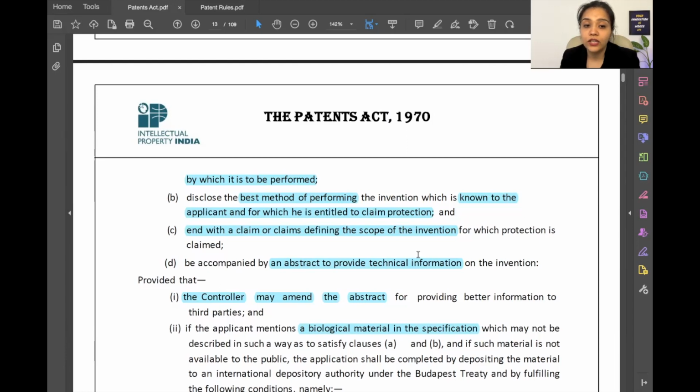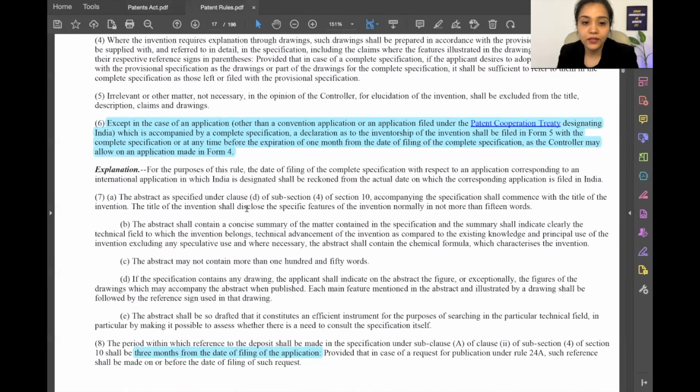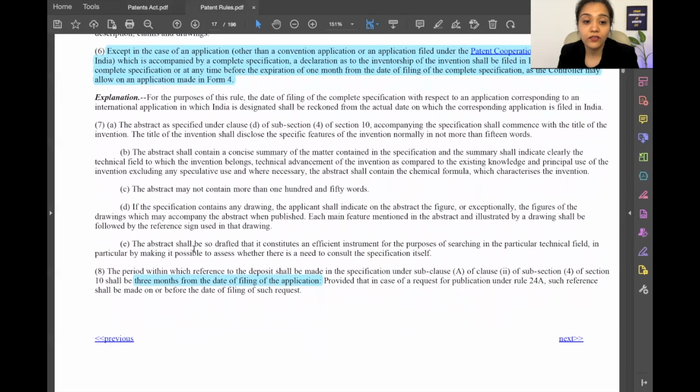Then we have 4D, that a complete specification should be accompanied by an abstract to provide technical information on the invention. So again, it relates to the abstract, and as I told you, I suggest that this needs to be read with Rule 13, where we have sub-rule 7, which is about the abstract, like what the abstract should include.